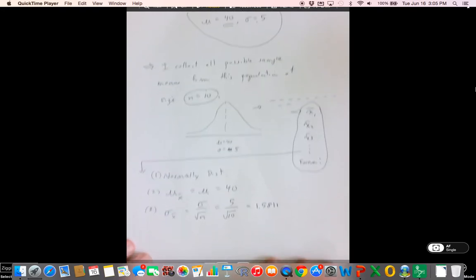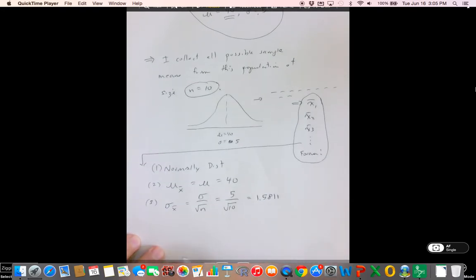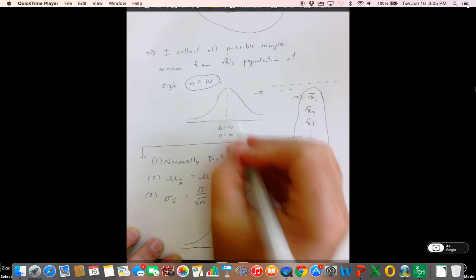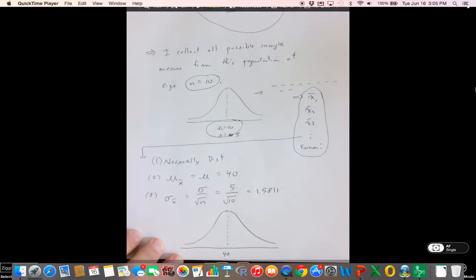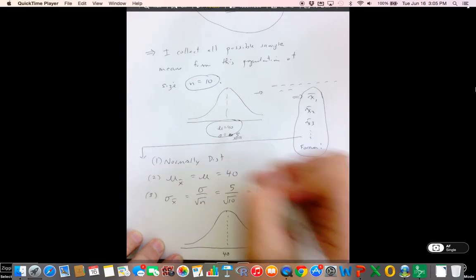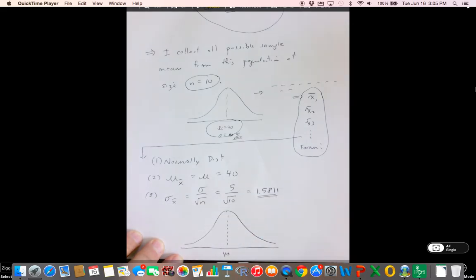So my distribution of sample means is going to be centered the same place as this distribution up here. But notice that the standard deviation up here was 5, and the standard deviation, we call it the standard error if we want to get fancy, but nevertheless it's still just a standard deviation. It's a measurement of consistency, measurement of variance, measurement of spread, has decreased down to 1.58.